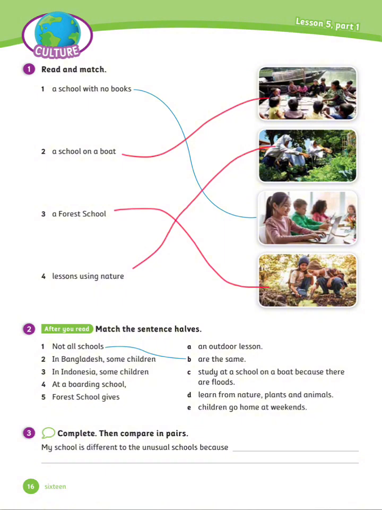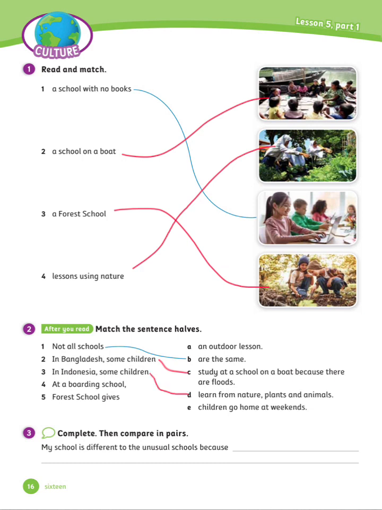Exercise number 2. Match the sentence halves. Let's see the answers. Number 1 is done for you. Matches B. Not all schools are the same. Number 2 matches C. In Bangladesh, some children study at school on a boat because there are floods.